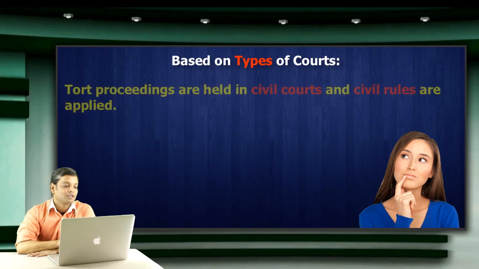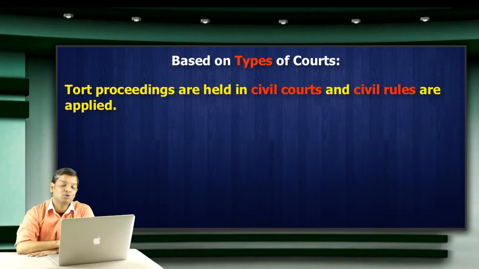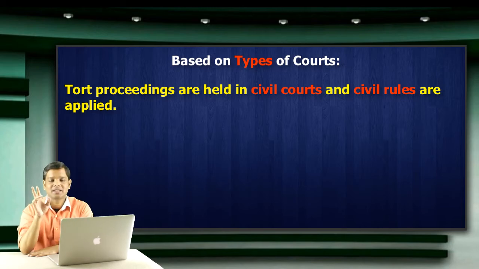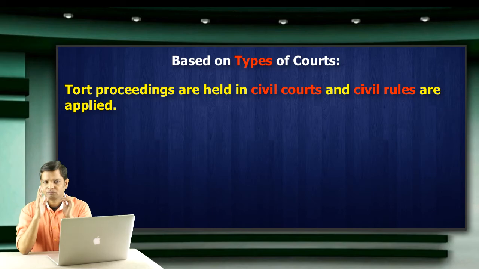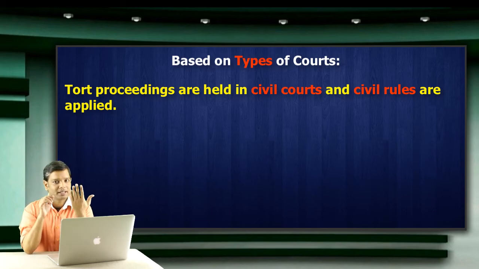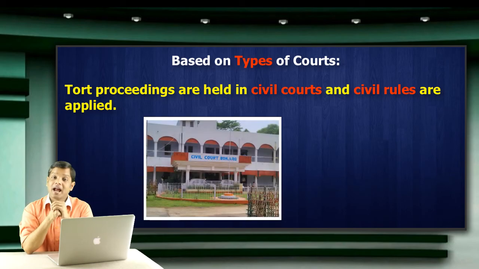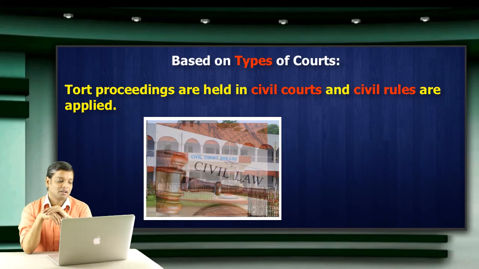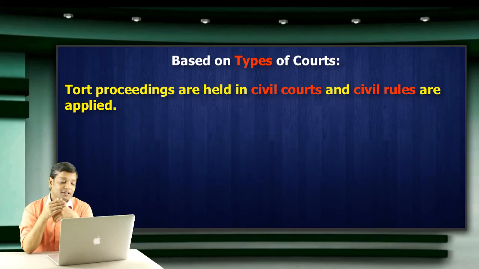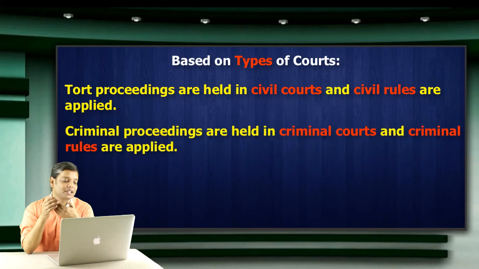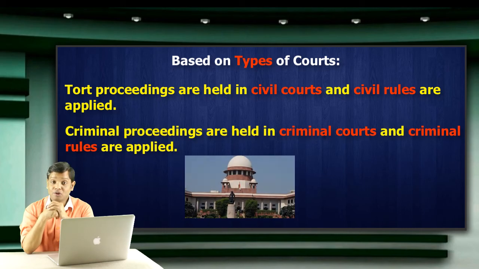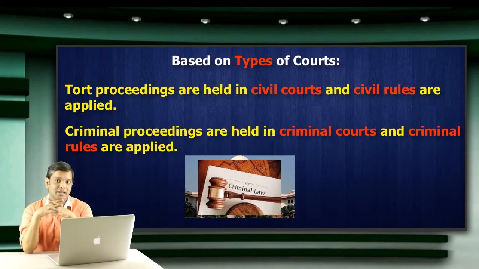So tort proceedings are held in civil courts and civil rules are applied. So here you need to focus on two aspects. That is, tort law is filed in a civil court and civil law is applied. On the other hand, criminal proceedings are held in criminal courts and criminal rules are applied.